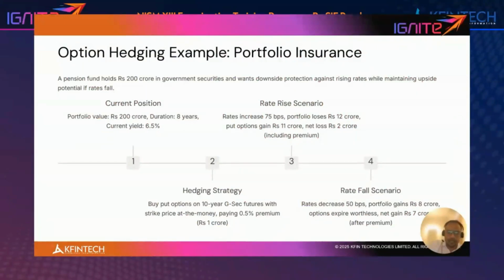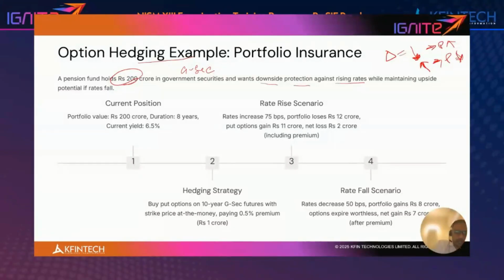So we'll see an option hedging example. A pension fund holds rupees 200 crore in government securities and wants downside protection against rising rates. Now 200 crores is my portfolio value. If interest rates go down, it will still protect the value because prices will go up. But if the rates go up, that means the prices will go down and the portfolio value will go down.